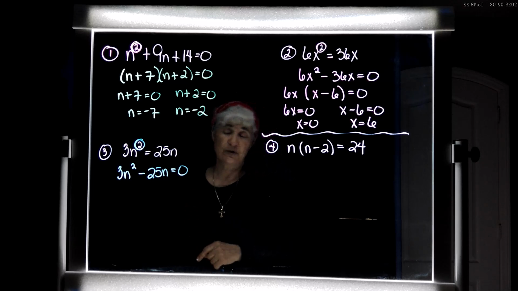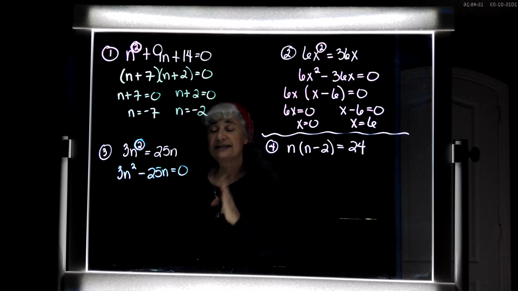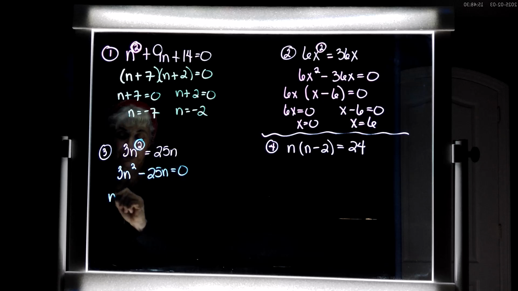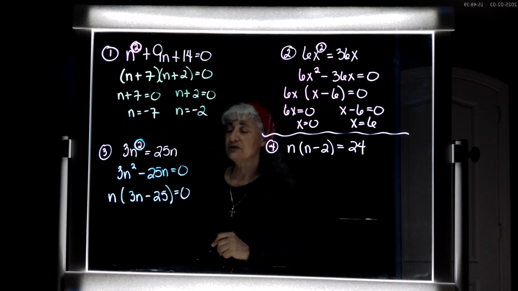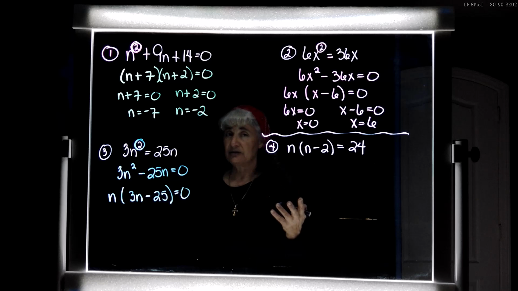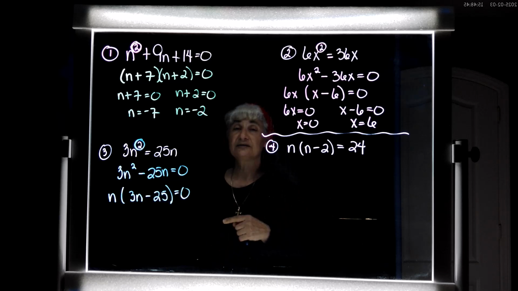This is another nice one to factor because my very first step of factoring is to take out what's in common. I'm noticing both terms have an n in common, so I can factor out that n, and I am left with 3n minus 25. Do you agree? Good. All right.